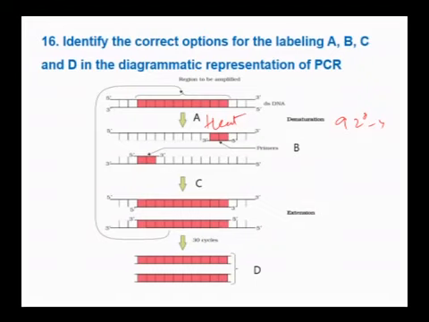For the extension it requires a DNA polymerase, which should be thermostable, hence we use Taq polymerase. And since it is a 30 cycle process, it amplifies many times, hence amplification of the DNA. So the option A should be heat, B should be annealing, C is Taq polymerase and D, amplify many times.